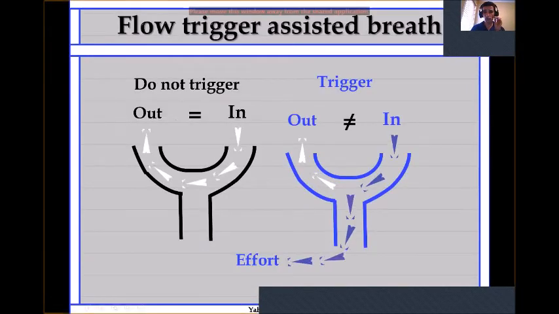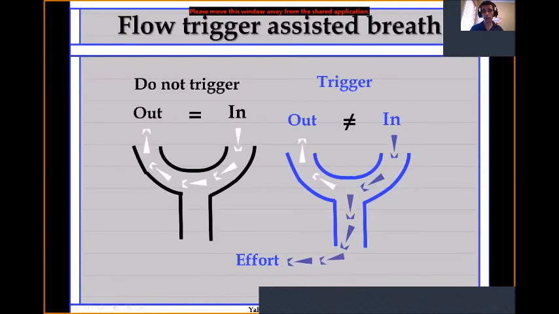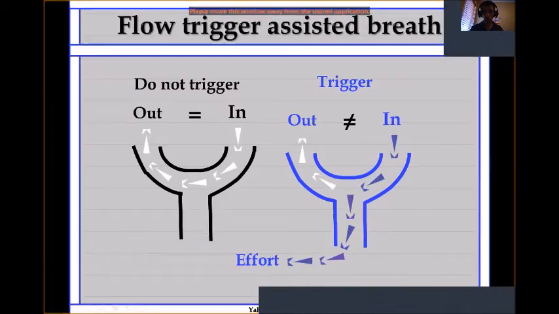Now this gives you an example of how a trigger works. You can see the patient is breathing in and then breathing out. In and out. There is no change between in and out. That means the patient is not breathing. This is connected to the patient, the airway of the patient.